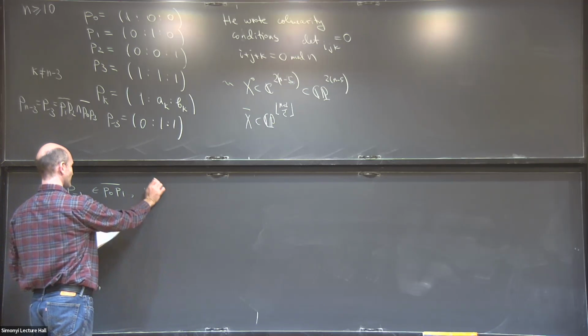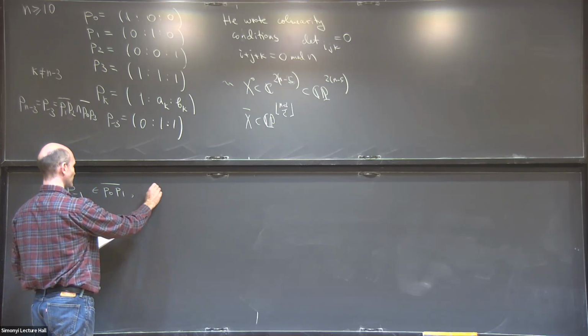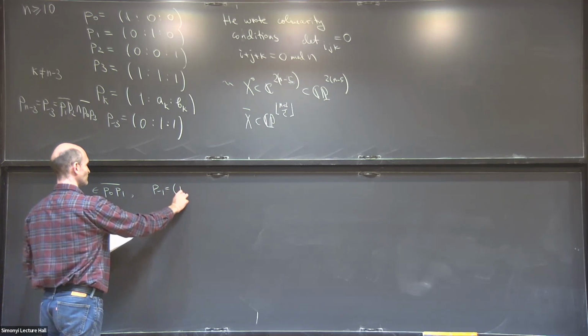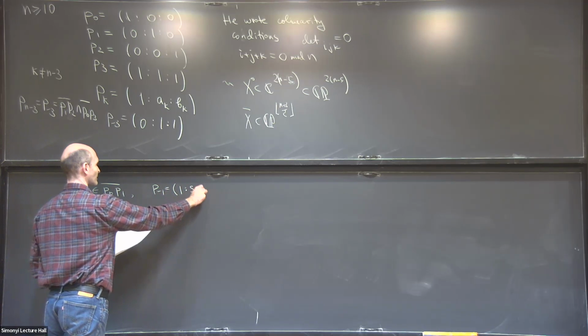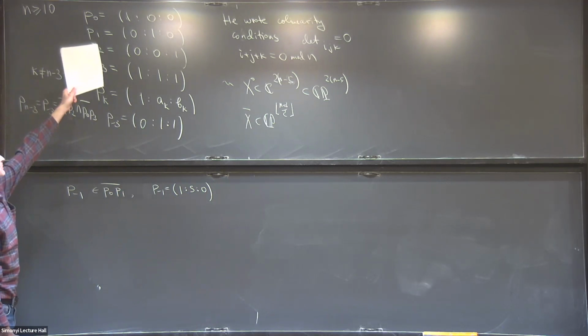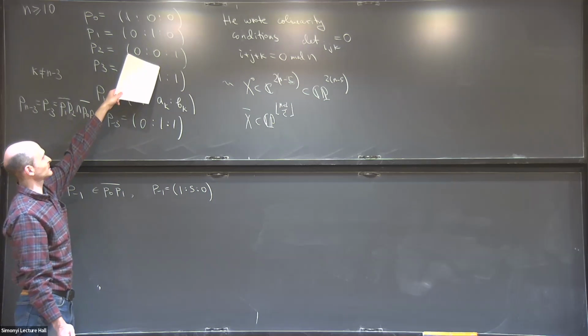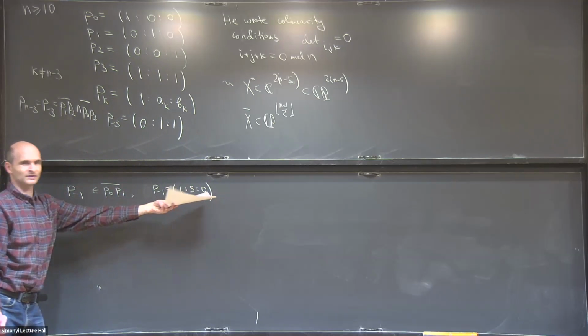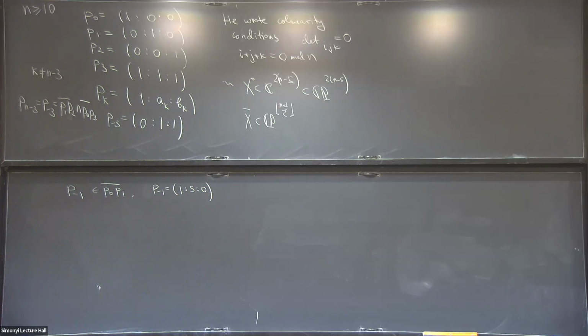In other words, p0, p1 is the line where the last coordinate is 0. And so the b has to be 0 there. And I'll just denote the a negative 1 by s.